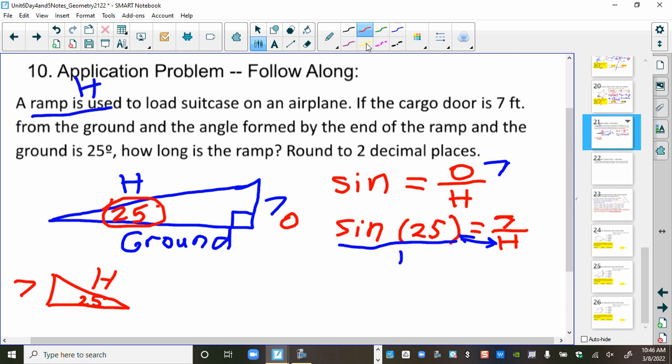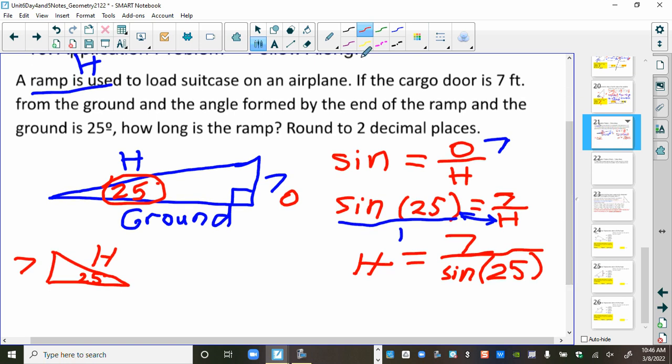So in the end, your hypotenuse is going to equal 7 over the sine of 25. That's all you do for this problem. Yeah, hypotenuse is equal to 7 over sine of 25.